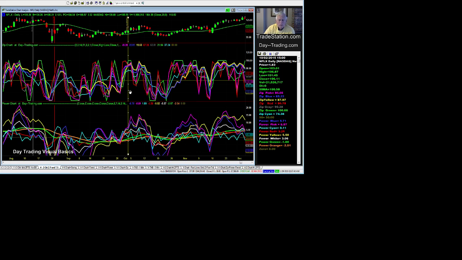There are exceptions to that, which I'll show you a couple of here. To identify this down in the power chart, because I've just got the power chart and the Zip chart in this example, the power green is above the orange, and we're climbing into an uptrend, or continuing in an uptrend.